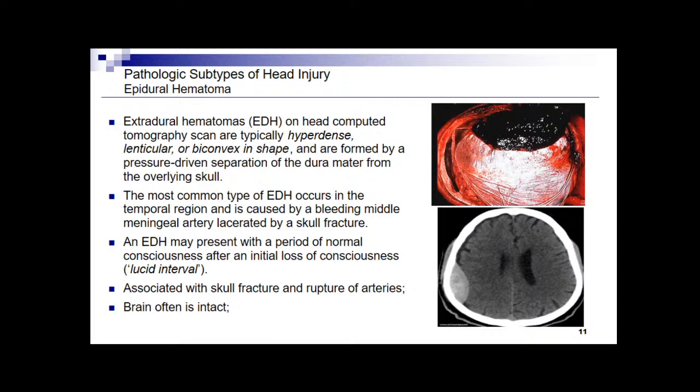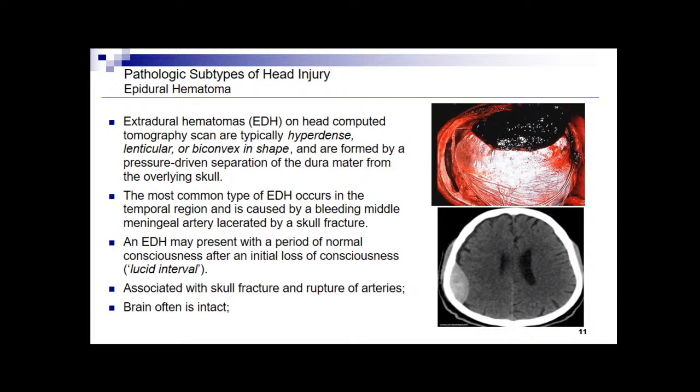There are cardinal signs of each variant of hematoma, and epidural hematoma is hyperdense, lenticular or biconvex in shape, and formed by a pressure-driven separation of the dura mater from the overlying skull. The most common type of epidural hematoma occurs in the temporal region and is caused by a bleeding middle meningeal artery lacerated by a skull fracture.